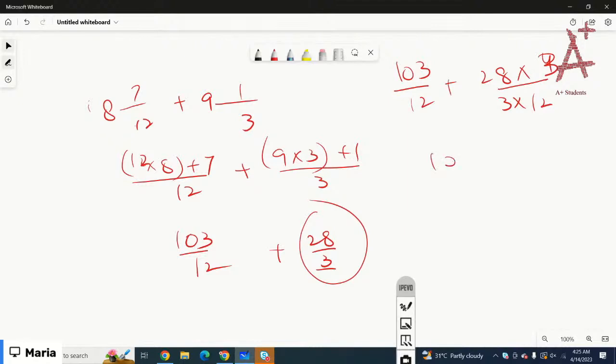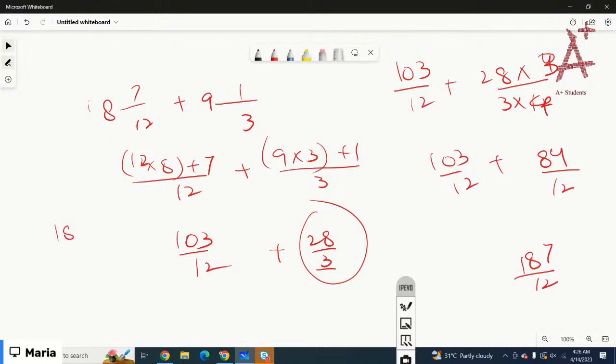So it is 103 over 12. 3 times 4 is 12, you have to multiply by 4. 4 times 28 is 112. Now you can add: 103 plus 84 is 187 over 12.